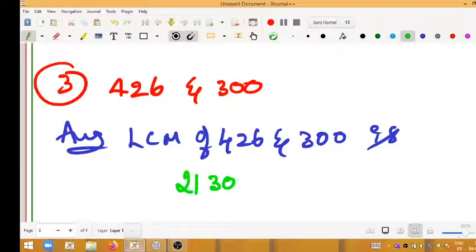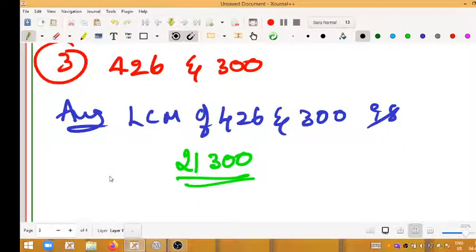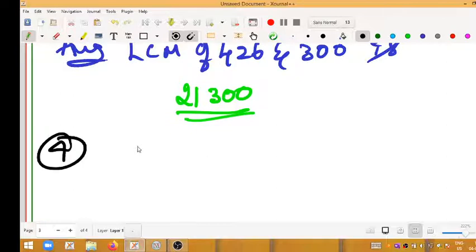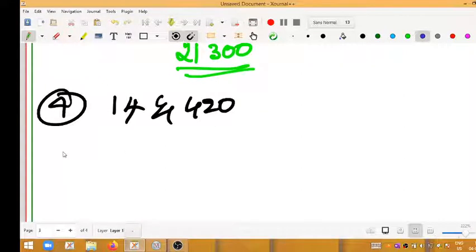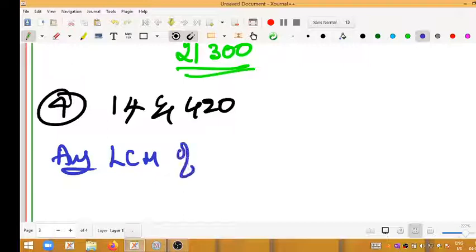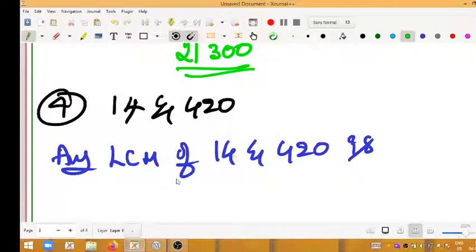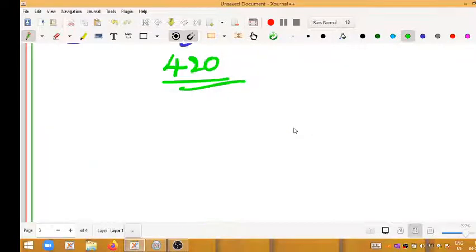Next, the fourth one: find the LCM of 14 and 420. So this LCM is the answer. Yourself only you have to do it. LCM of 14 and 420 is 420.